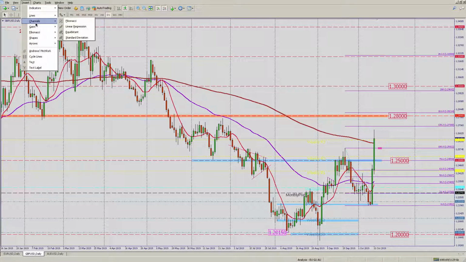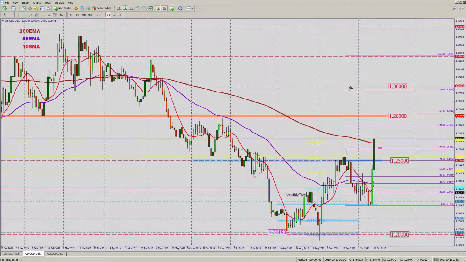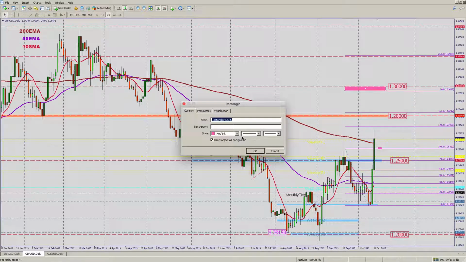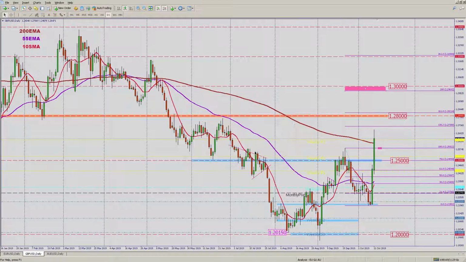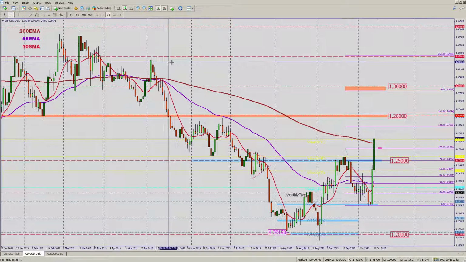So let's just mark this as a key resistance zone as well. And of course it could also continue higher to this next swing high.